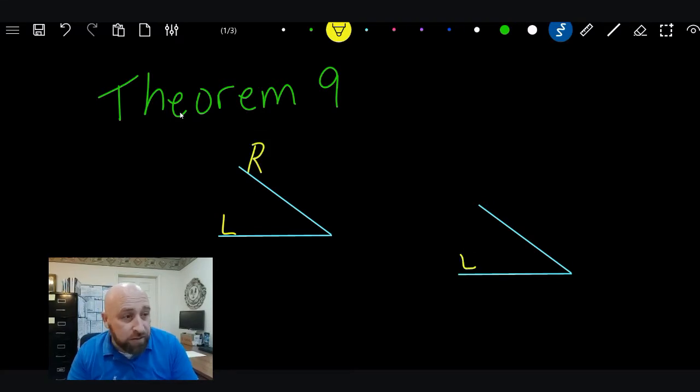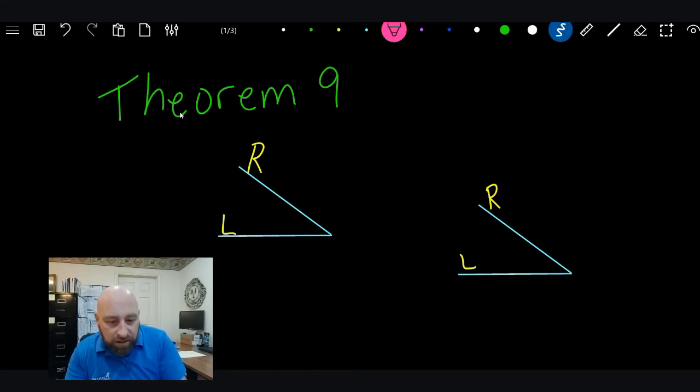And this one's easy to look at too. So if I look at what this says, it says if two angles have their right sides parallel and their left sides parallel. Let's say that's true, but let's extend these lines out.